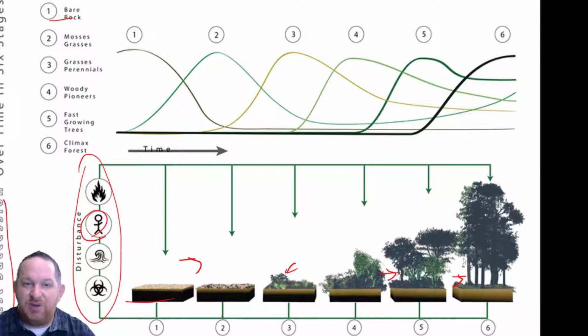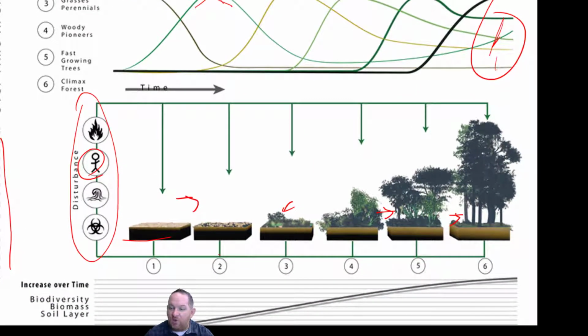And you can see up here as we go through these different successive iterations, different things peak. So early on, it was just rock, but then the mosses and the grasses peaked. Then the woody pioneers, the fast-growing trees. Now notice here in our climax forest that we've got quite a bit of biodiversity, but it took a while to get there.